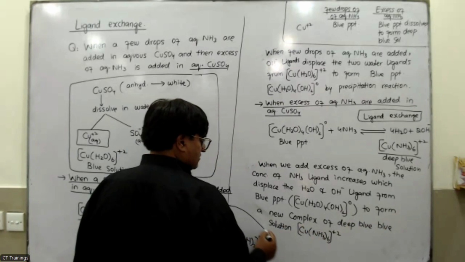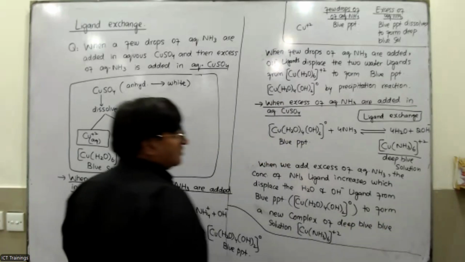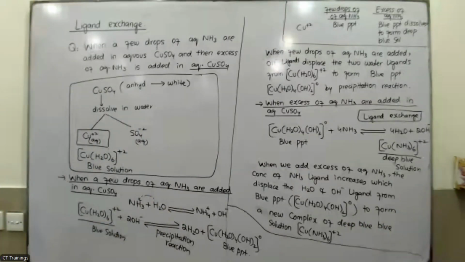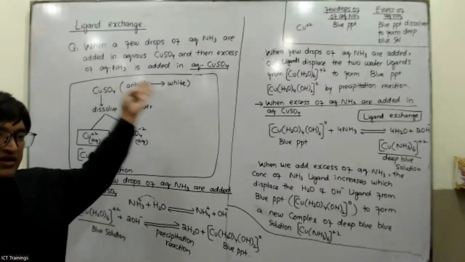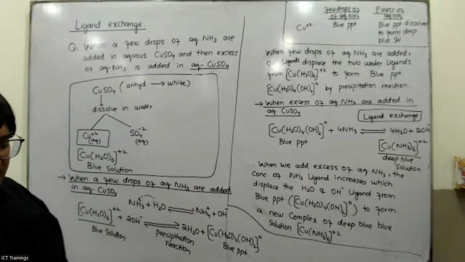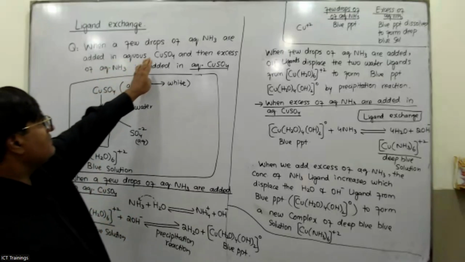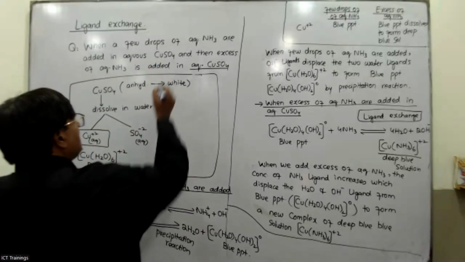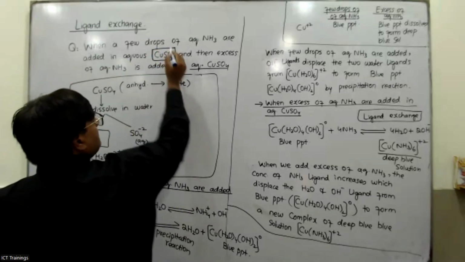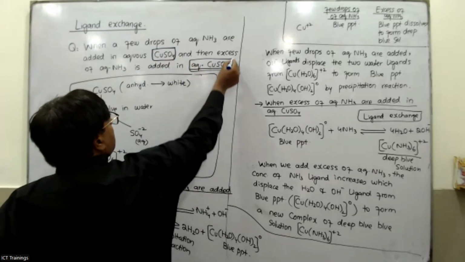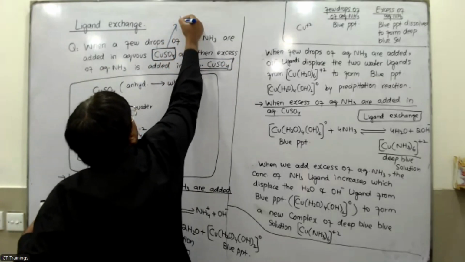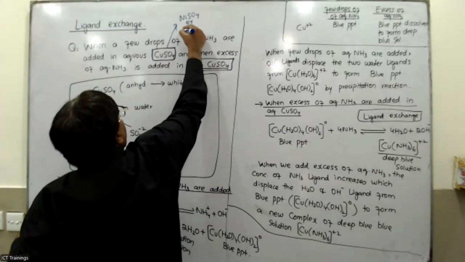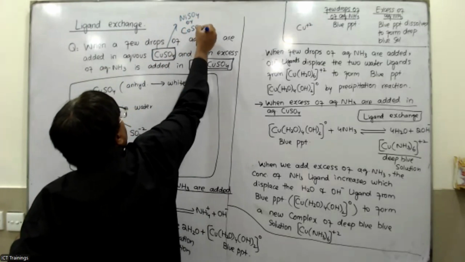Okay. So this is the answer, my dear, you should write. When they are going to ask you, what they can do is, in place of this copper sulfate, they can write nickel sulfate or cobalt sulfate.